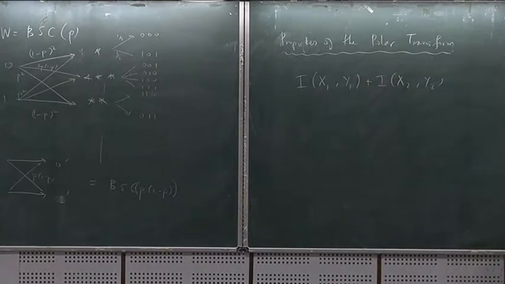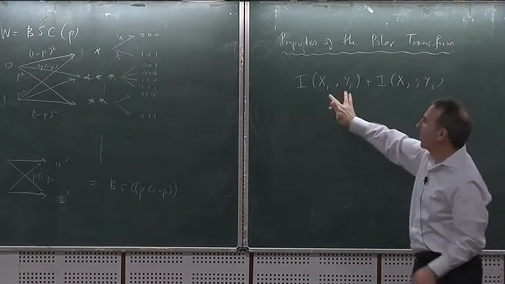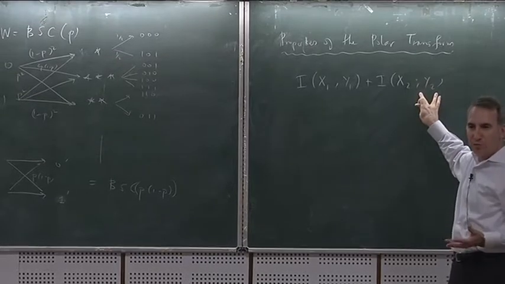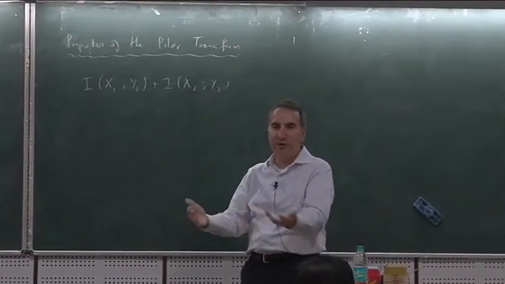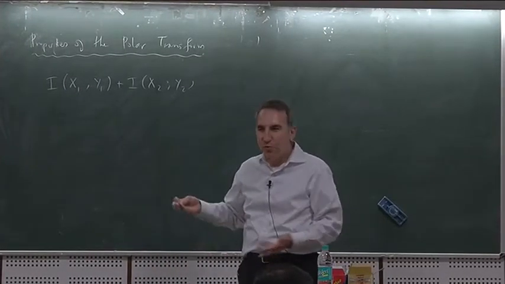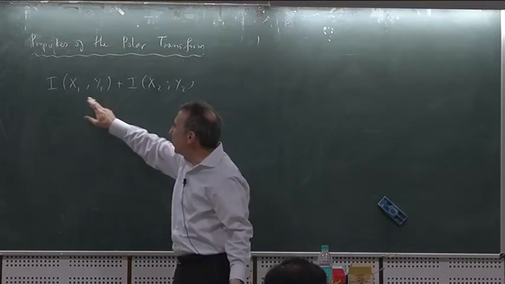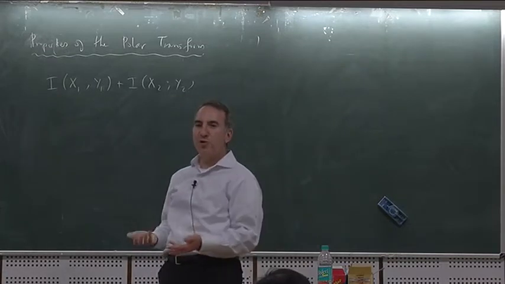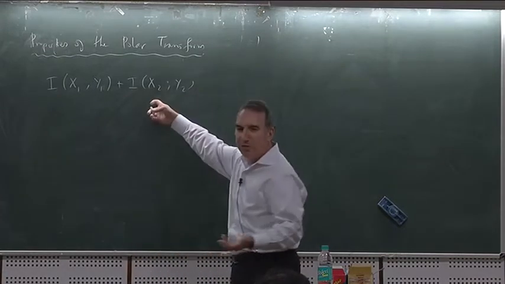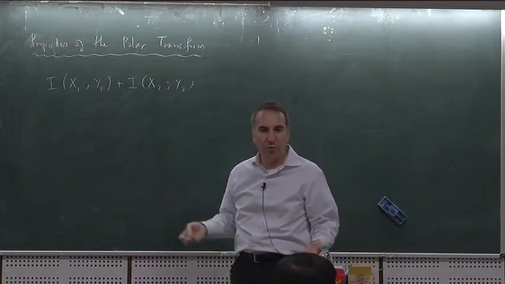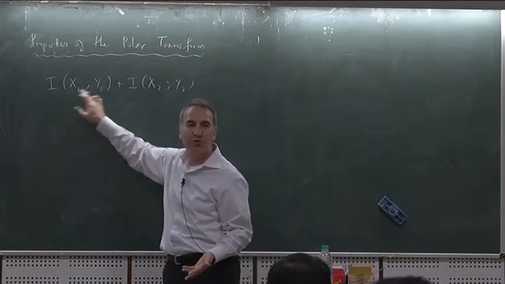Let me just start with this quantity here, and observe the following: that X1, Y1 is independent of the pair X2, Y2, because X1 and X2 are independent to begin with, Y1 depends only on X1, Y2 depends only on X2, so these are independent quantities. In fact, they have the same distribution too, because X1 is a fair coin flip, Y1 is obtained by passing X1 through W, X2 is a fair coin flip, Y2 is obtained by passing X2 through channel W. So these are the same. This is 2 times any one of them.